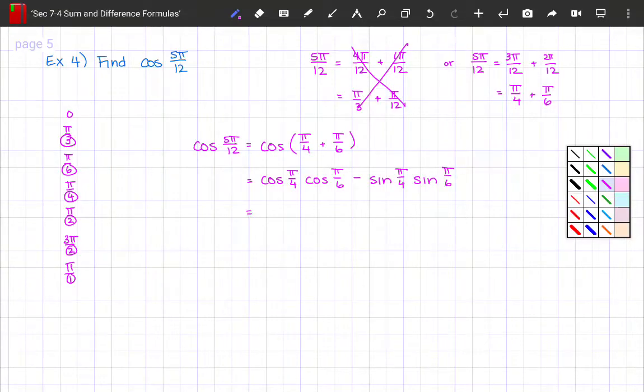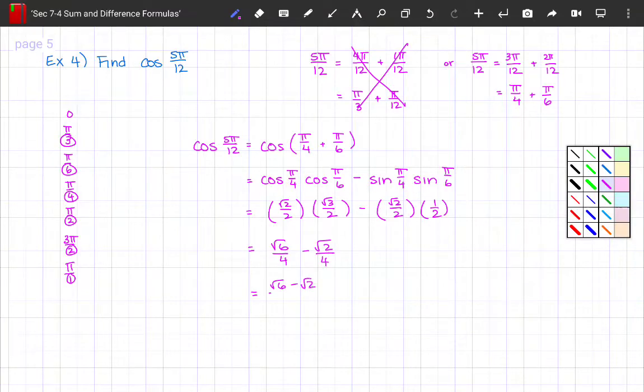And then these angles are all right off the chart. We have root 2 over 2, root 3 over 2, root 2 over 2, 1/2. So we have root 6 over 4 minus root 2 over 4, and it equals root 6 minus root 2 all over 4. Yay! So there's that example.